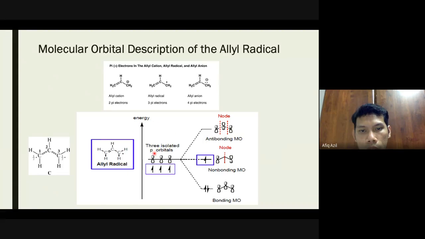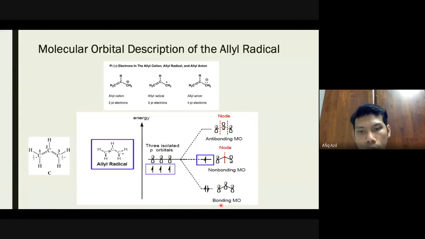So you have 3 isolated p orbitals, which means one is at this carbon, one at this carbon, and one at this carbon. These 3 pi electrons available on these 3 carbons, 2 of them will go to the bonding level, and 1 will go to the non-bonding MO, which is this radical.